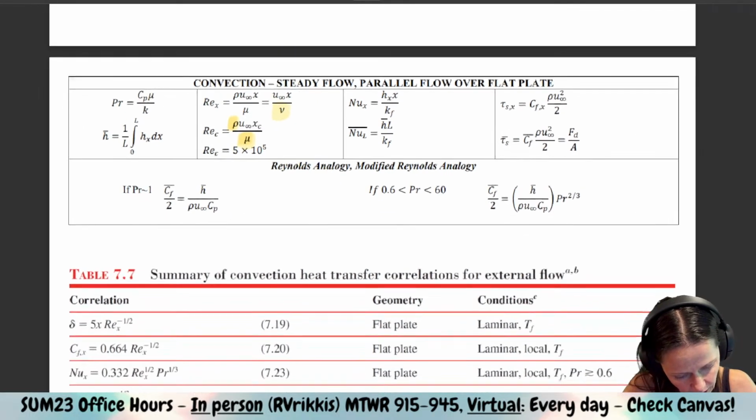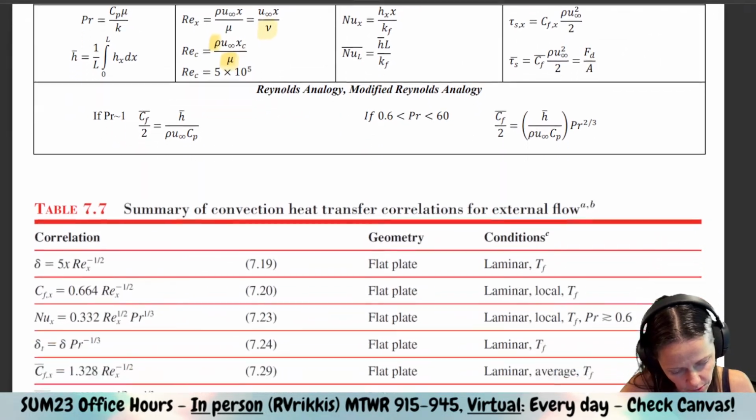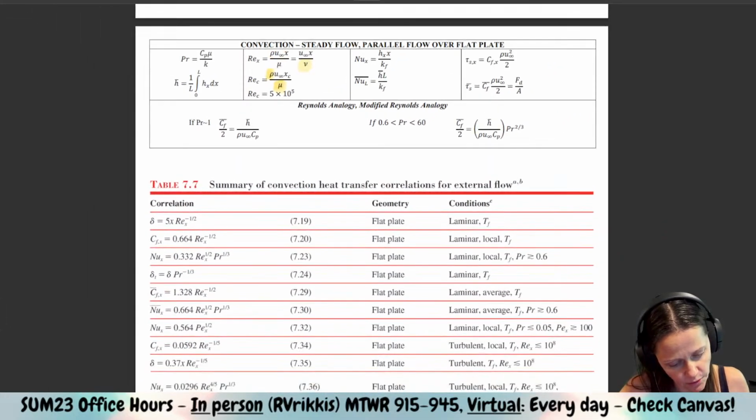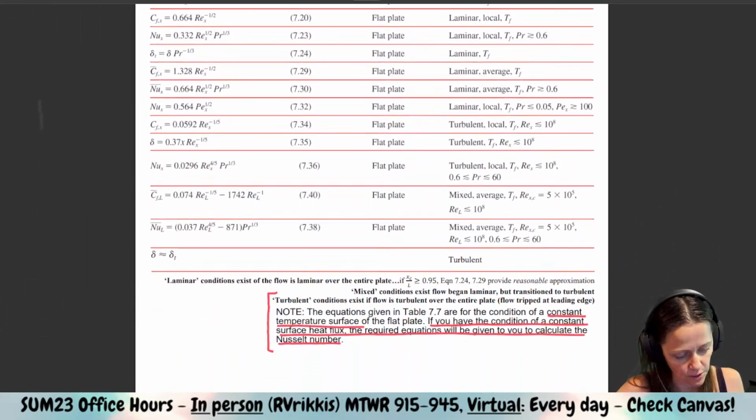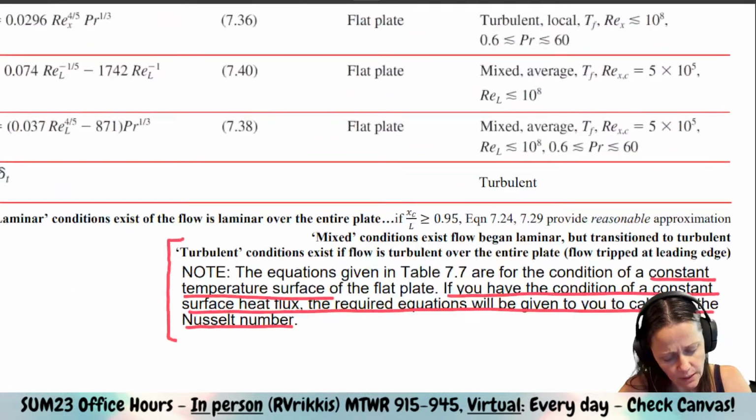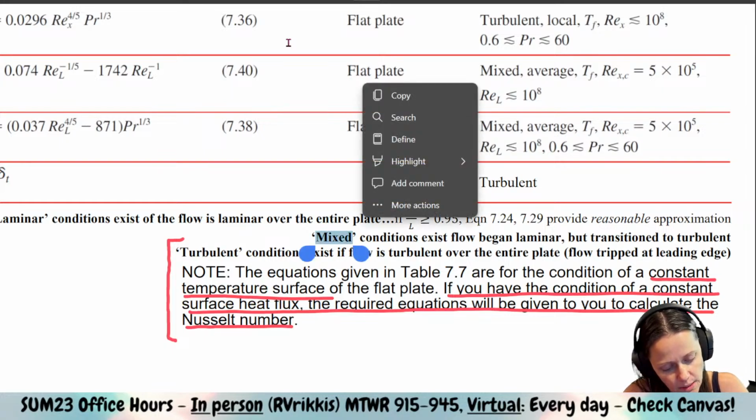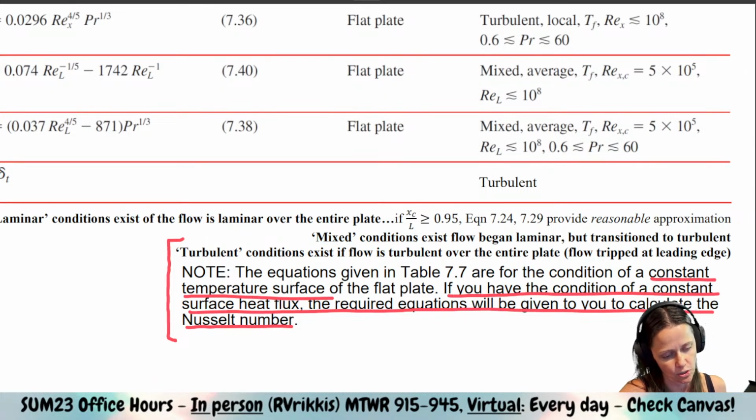Okay, so here we go. This is page 5 of that heat transfer packet. It says at the very bottom, laminar conditions exist if the flow is laminar over the entire plate. Clearly we have transitioned into turbulence. But then down here it says mixed conditions exist if flow began laminar but then transitioned to turbulence.